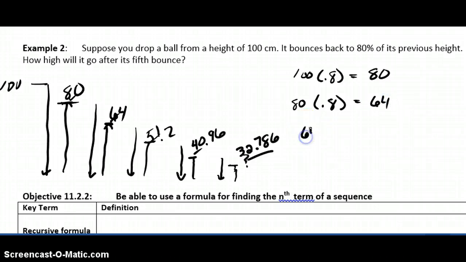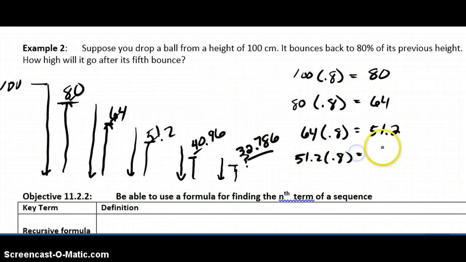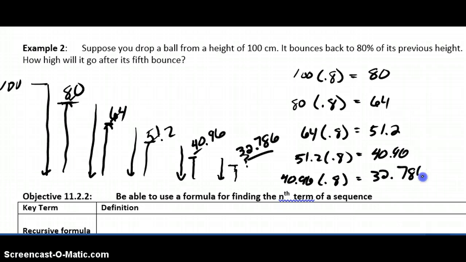I'll take that 64 and multiply it by 0.8, and I get 51.2. Then 51.2 times 0.8 gives 40.96, and finally 40.96 times 0.8, and I end up with 32.768, and that's the height after the 5th bounce.